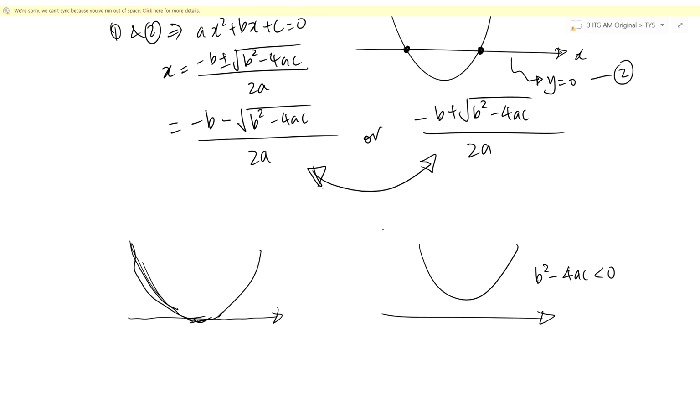Only when b squared minus 4ac is equal to 0. Because minus 0, plus 0 is the same thing. Okay? So this highlighted part tells us whether you have one solution, no solution, or 2 solutions.